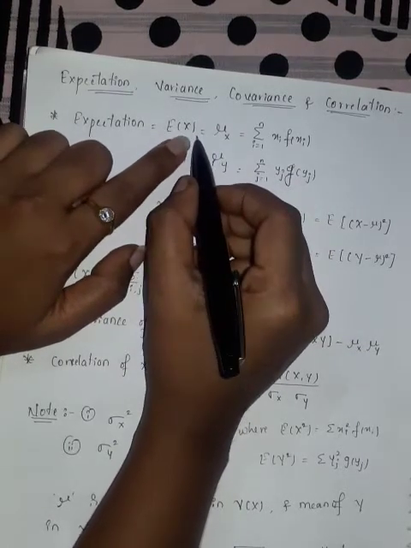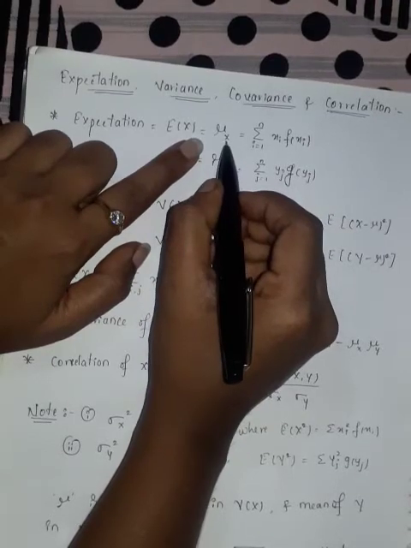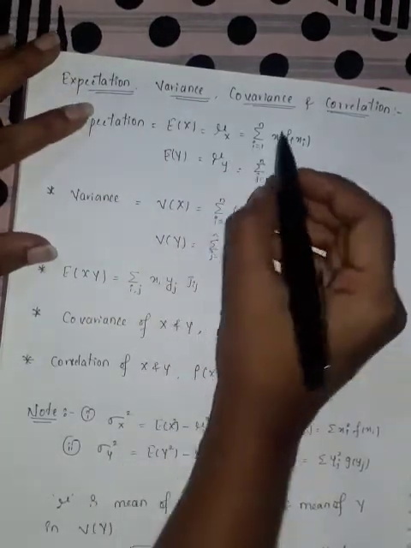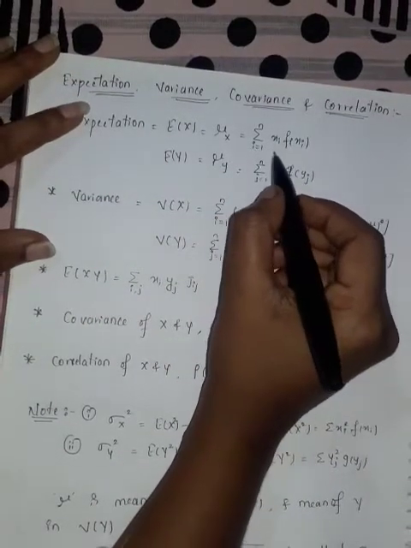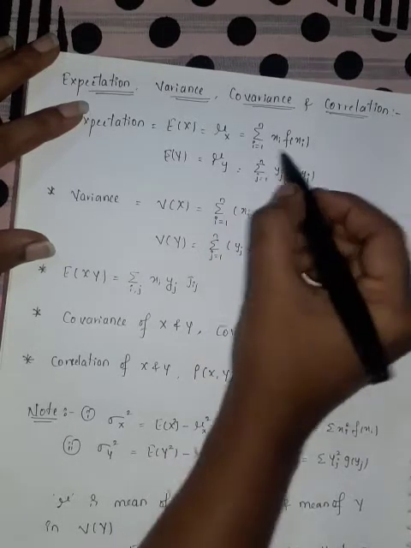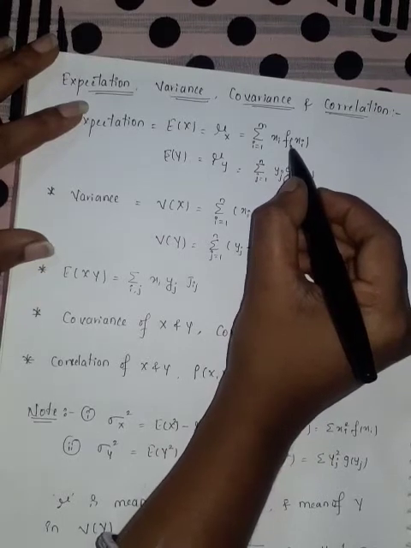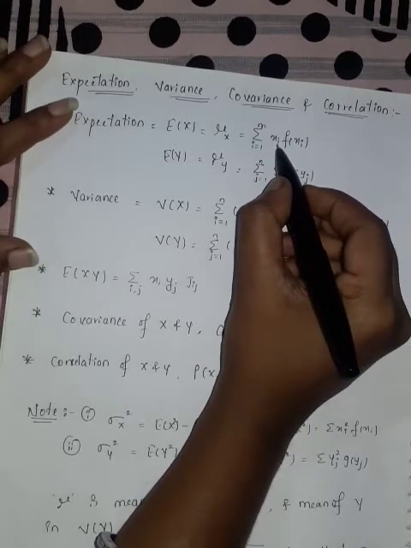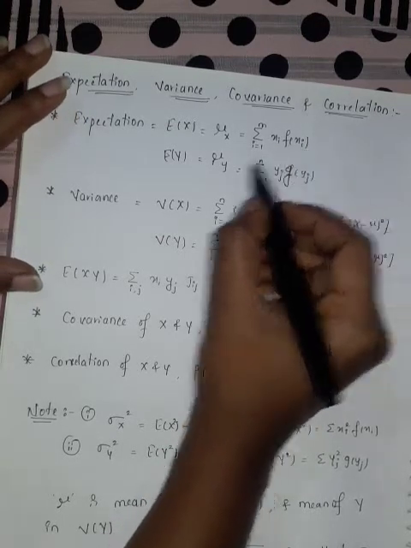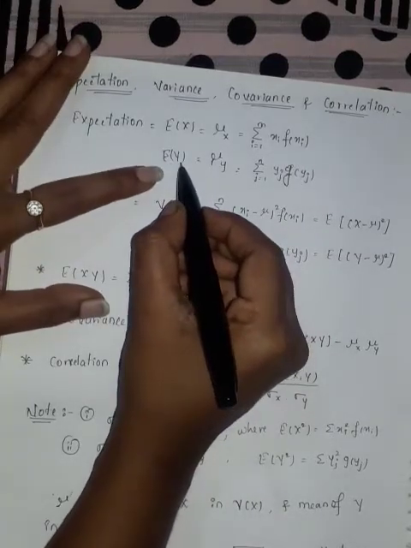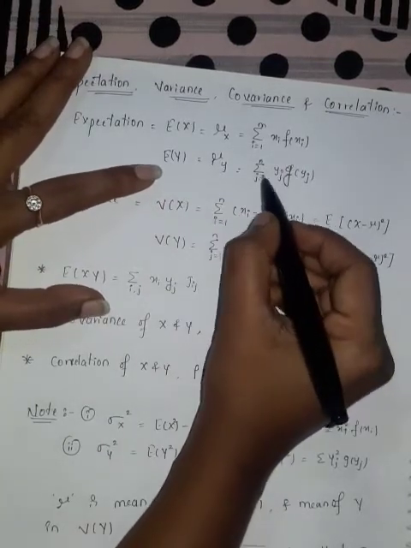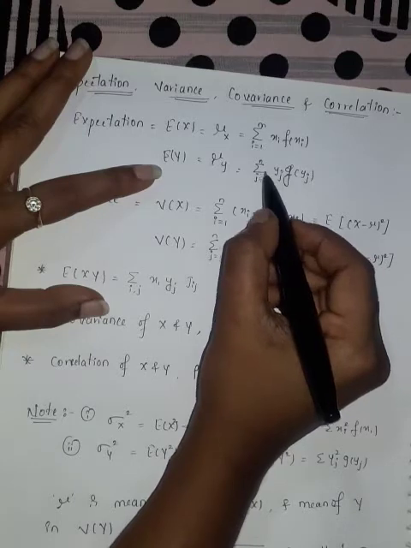Expectation of x is nothing but the mean of x. So this is equal to summation of i varying from 1 to m of xi into f of xi, and expectation of y is nothing but mu y, which is summation of j varying from 1 to n of yj g of yj.